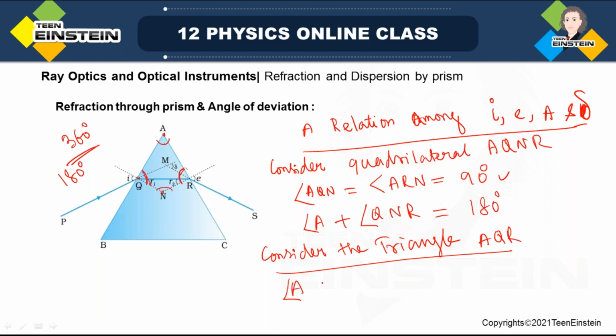We can say the angle of prism A plus angle AQR plus angle ARQ has to be 180 degrees.